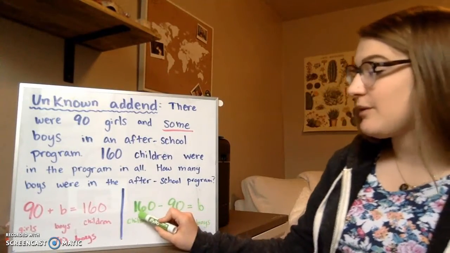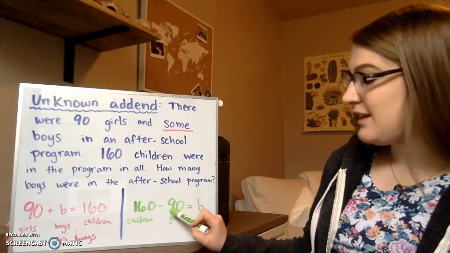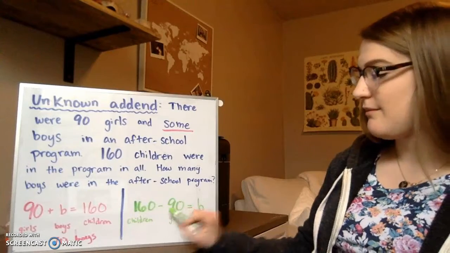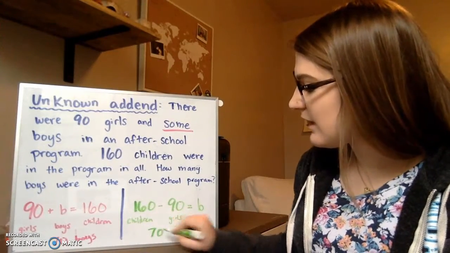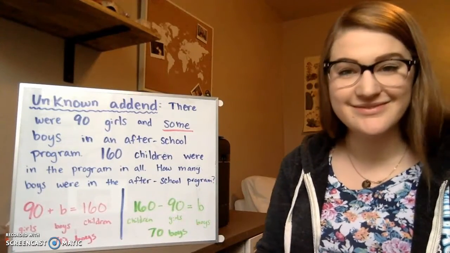So again, if I were doing 160 minus 90, if I know that 16 minus 9 is 7, I know that 160 minus 90 is 70. So my answer there is also going to be 70 boys.